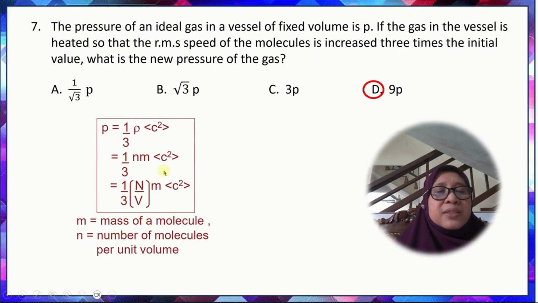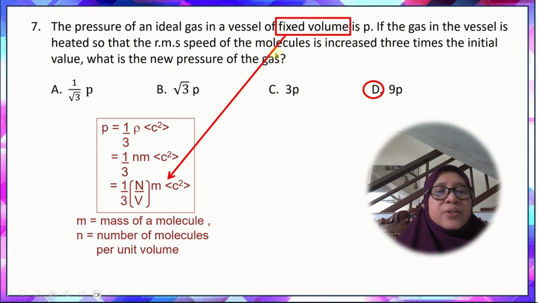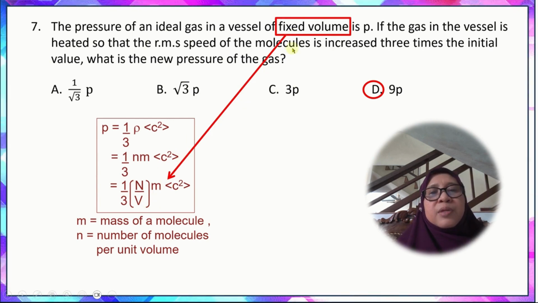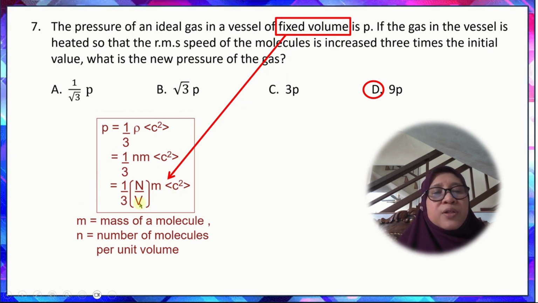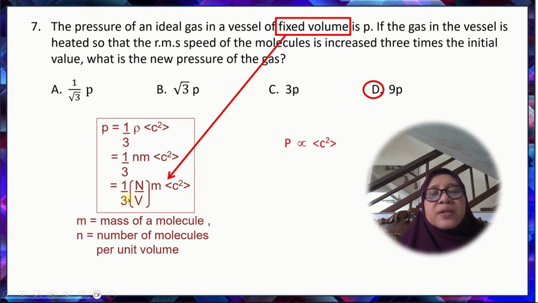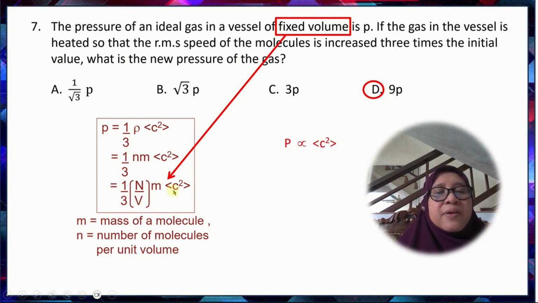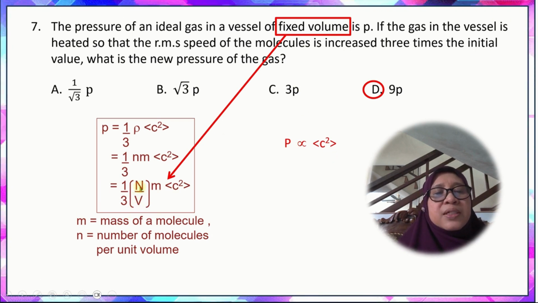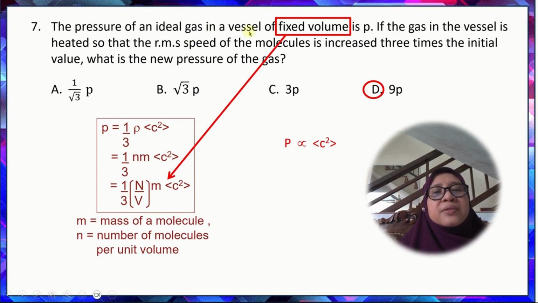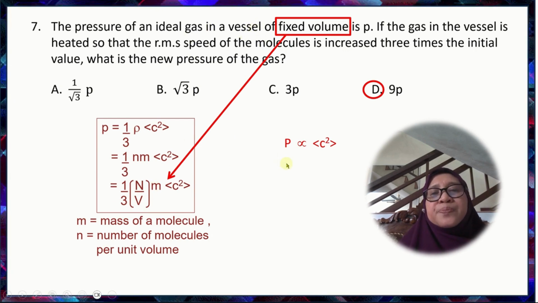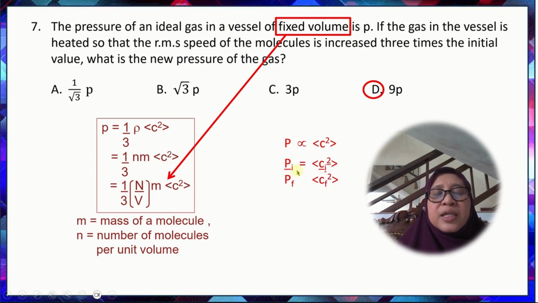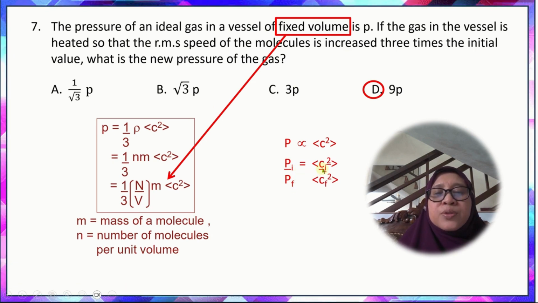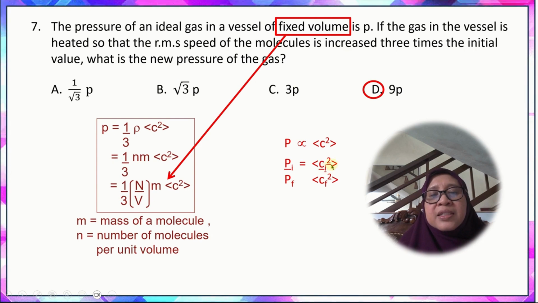From the equations of pressure, we choose the third one because the volume is given as fixed. So that means P is directly proportional to the mean square speed. The mass of a molecule is constant, and the number of gas molecules is also constant because the gas is trapped in the vessel, with the same volume. So we can use P initial over P final equals mean square speed initial over mean square speed final.